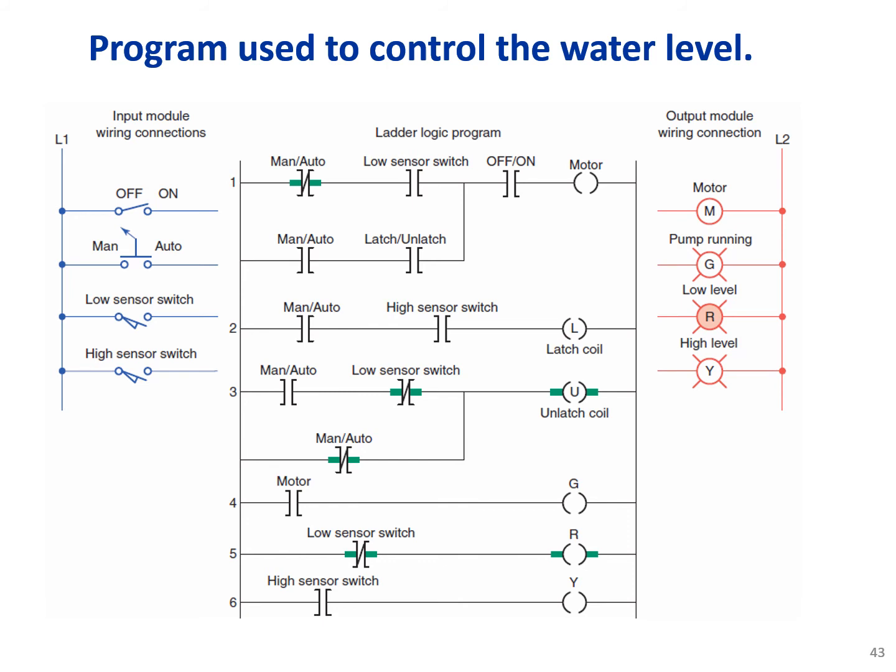Okay, so here we have basically ladder logic programming. We have input devices, the on and off, the auto manual, the low sensor switch, and the high sensor switch.